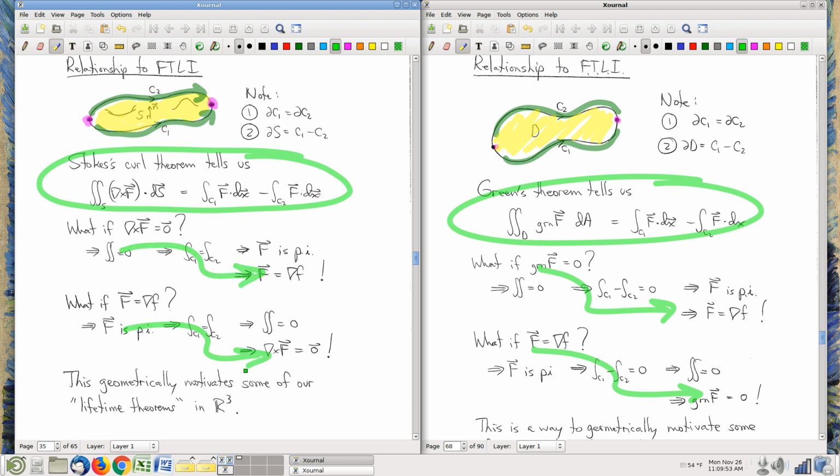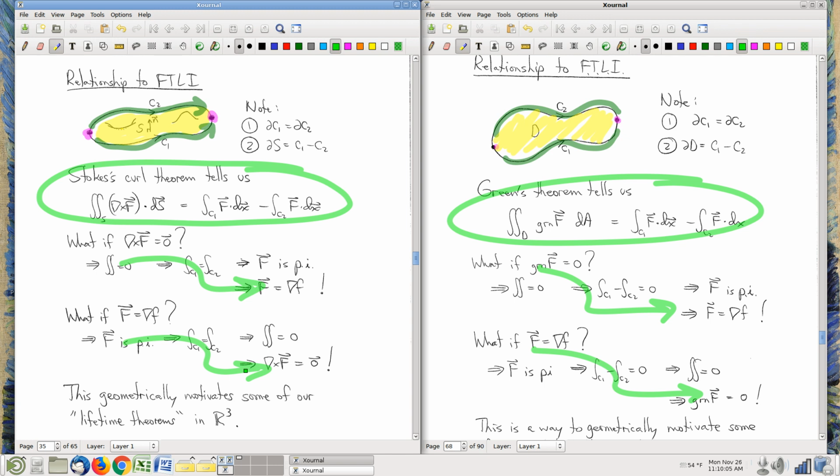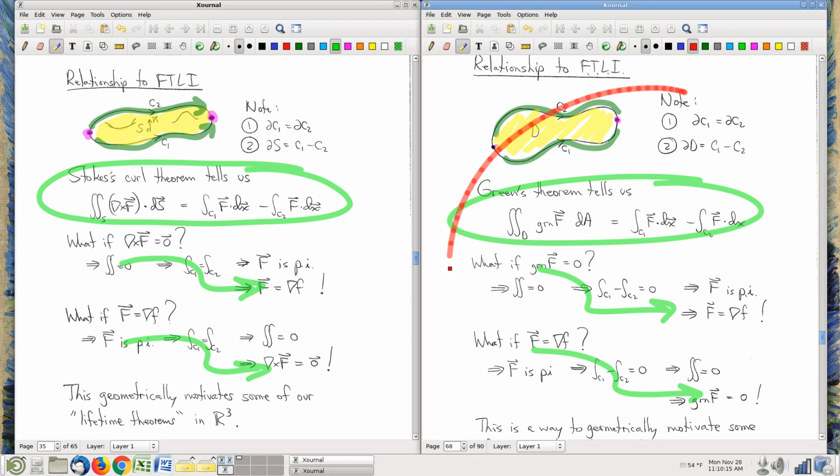For the record, as I was writing these notes, I deliberately copied the format as much as I possibly could to emphasize the strength of this analogy. It's an extremely strong analogy. In the same way that over here, what's really going on in this argument is that Green's operator is talking about circulation density. If circulation density is 0, then circulation is 0.